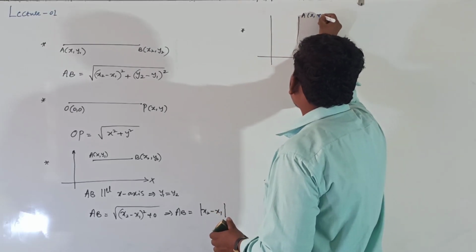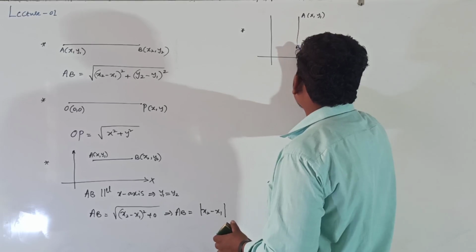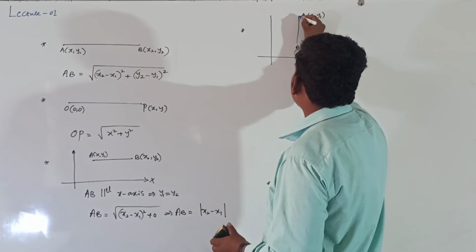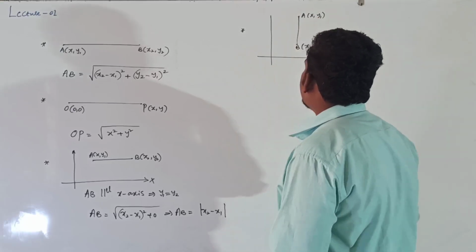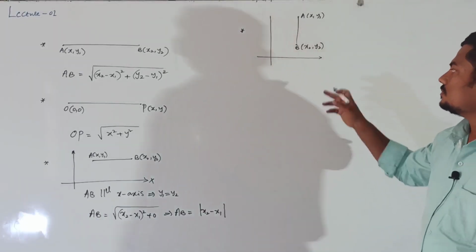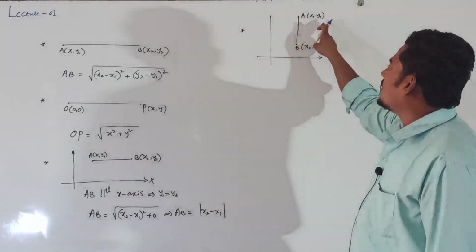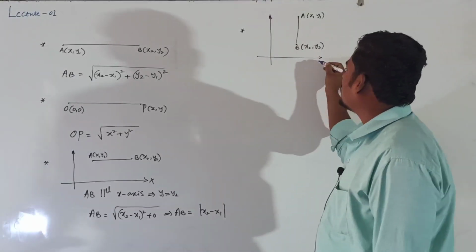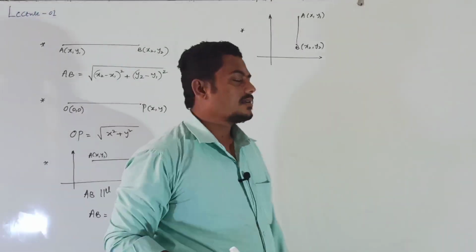A of x1 comma y1, B of x2 comma y2, right? Distance between 2 points A of x1 comma y1 and B of x2 comma y2 when AB line is parallel to y-axis, right?